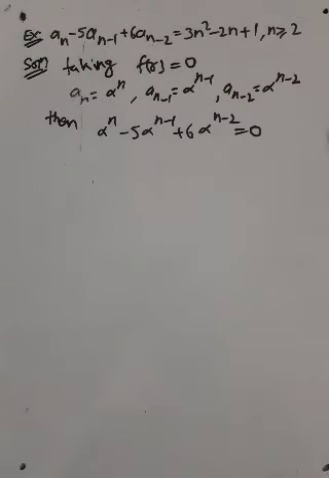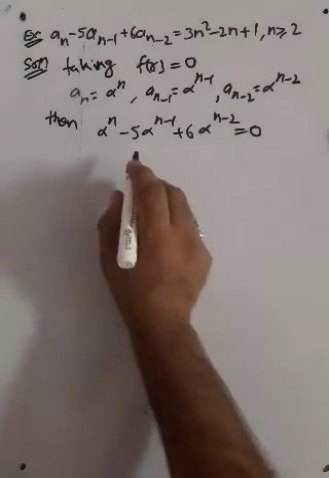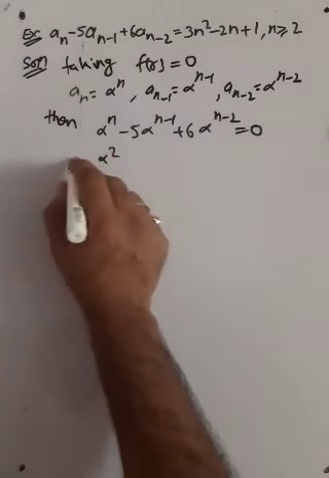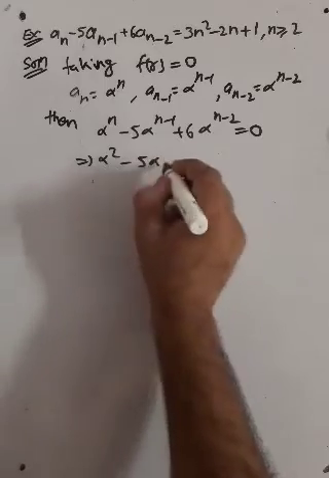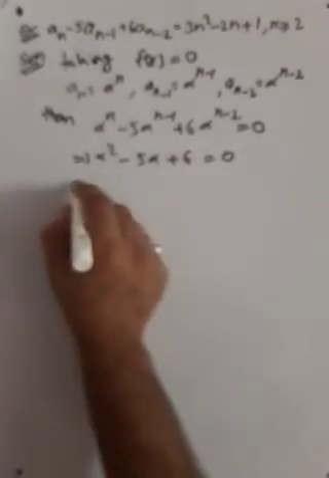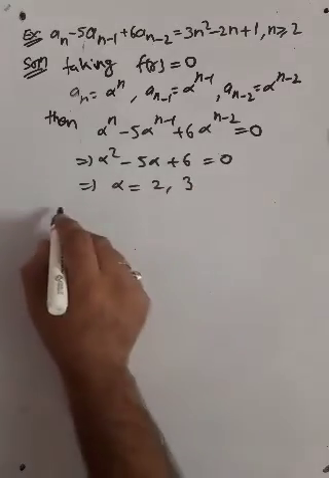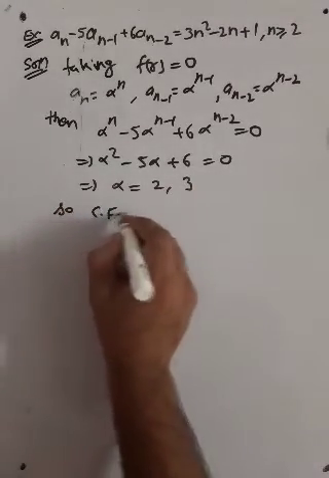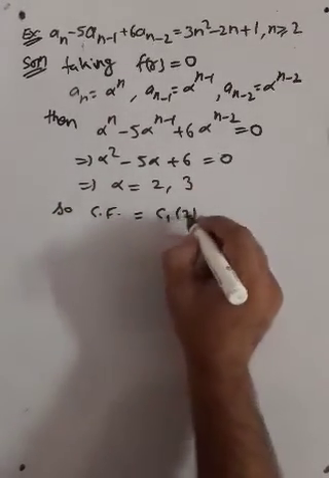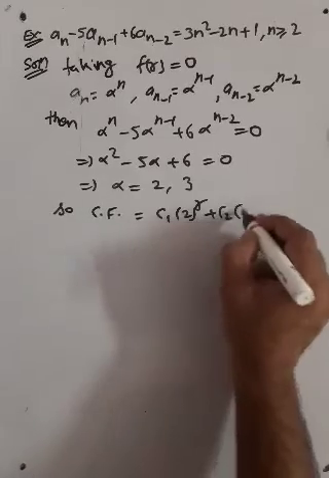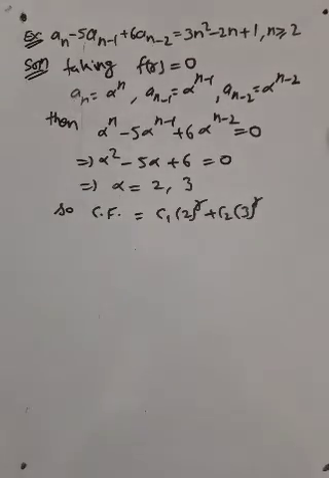Then alpha raised to N minus 5 alpha raised to N minus 1 plus 6 alpha raised to N minus 2. And it implies alpha square minus 5 alpha plus 6 is equal to 0. After solving this equation, we get alpha is equal to 2, alpha is equal to 3. So CF is equal to C1 2 raised to R, C2 3 raised to R.